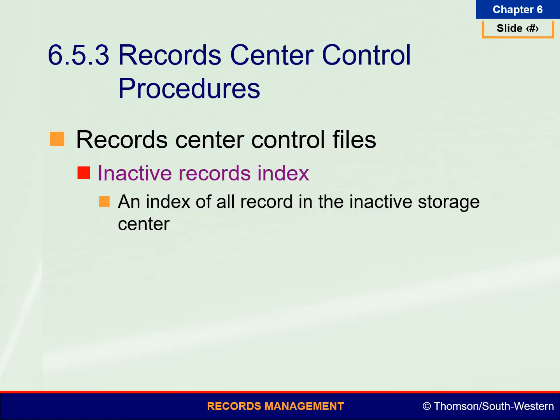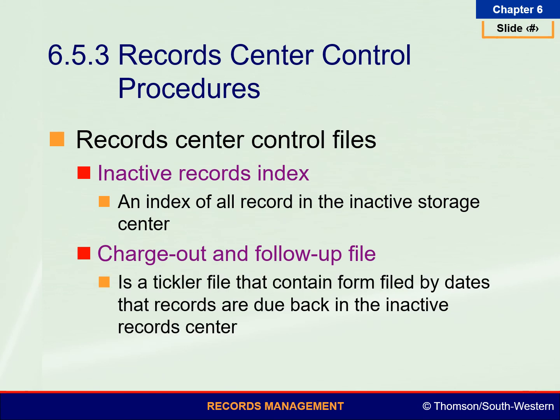Okay, so inactive record index is an index of all record in inactive storage center. Okay, inactive record index tu adalah index ni adalah kind of petunjuk. Okay, so all index in inactive record center yang berkaitan pasal record tu kita panggil inactive record index. Okay, then we have charge out and follow up file.